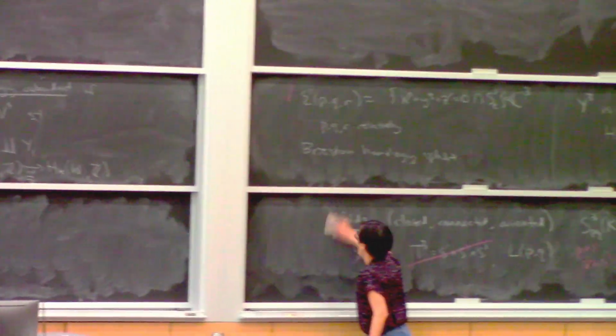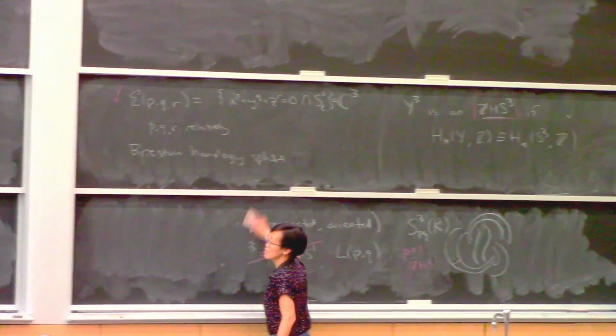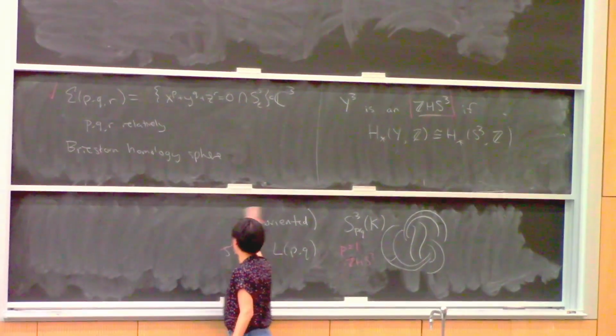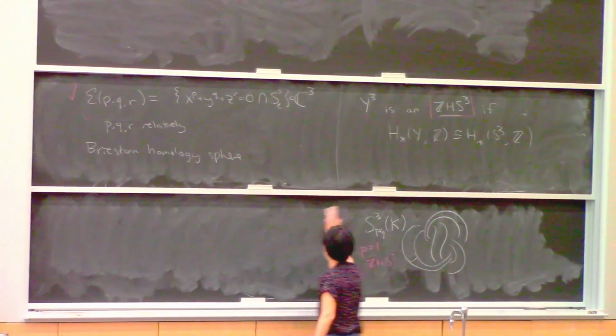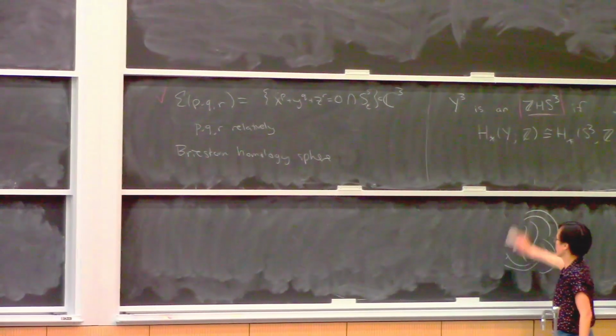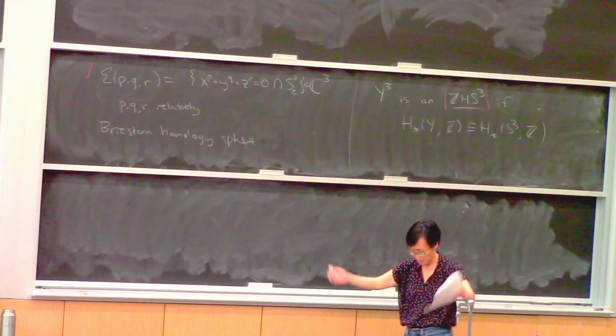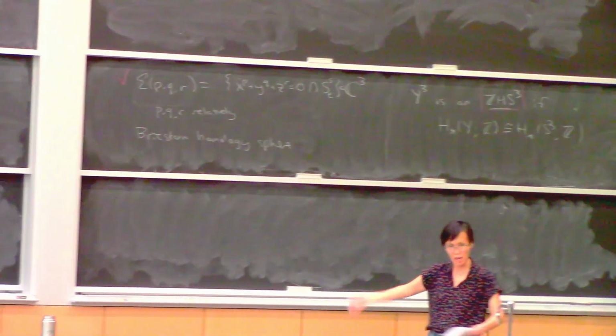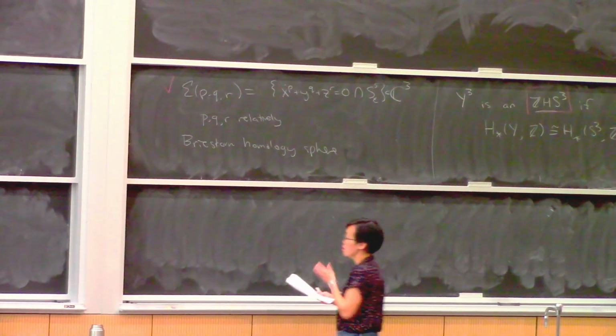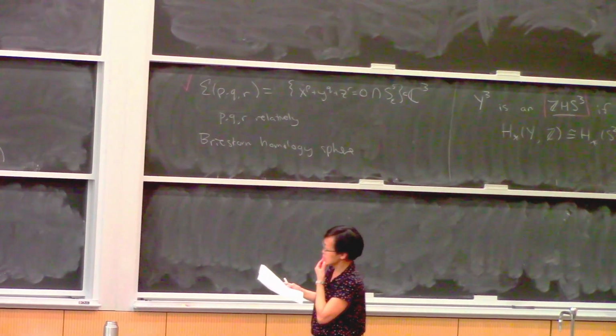And one way to understand the structure of this group is to play the same game we played with the knot concordance group. For the knot concordance group, one thing we did was look at these knot Floer complexes modulo some equivalence relation, and you got all these homomorphisms. And you play the same game here.